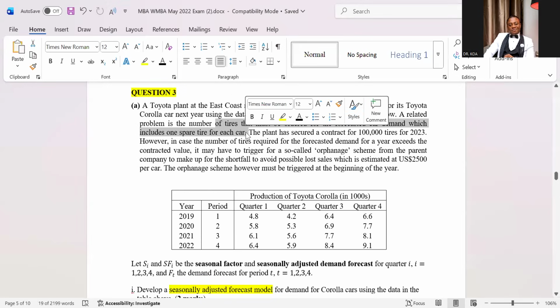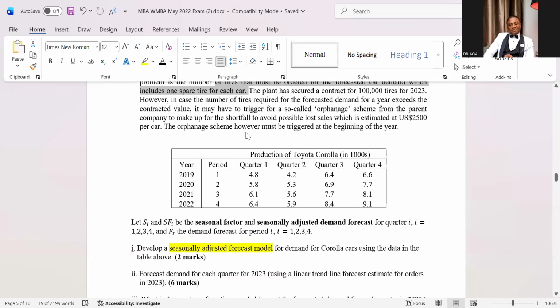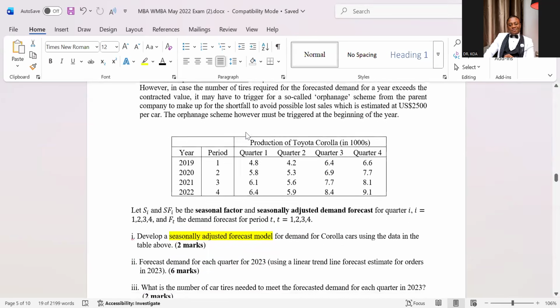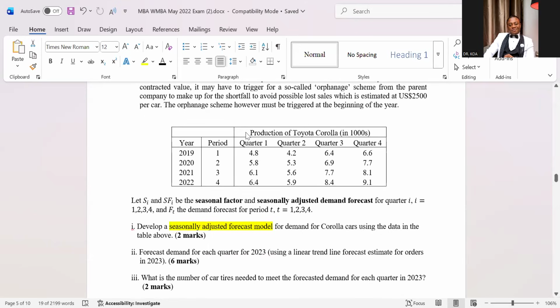So because it includes 1 spare tire, we have 5 tires for 1 car. Okay. So you got to read through the question all the time to pick out the few details. So the question says, what is the number of car tires needed to meet this forecasted demand, not for the year, but for each quarter?